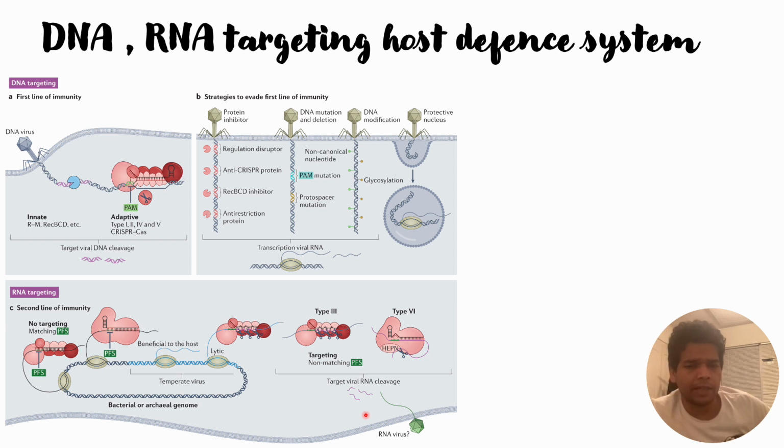These lytic RNA transcripts are then degraded by the CRISPR Cas system, type 3 and type 6, and are recycled back so that they can be used by the host machinery for the transcription of other host self RNA sequences.